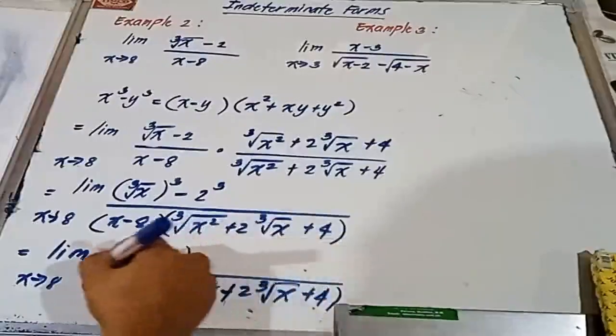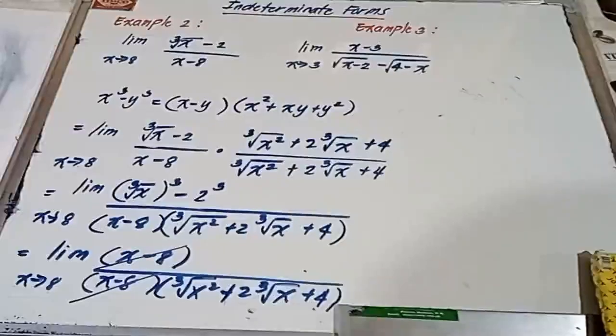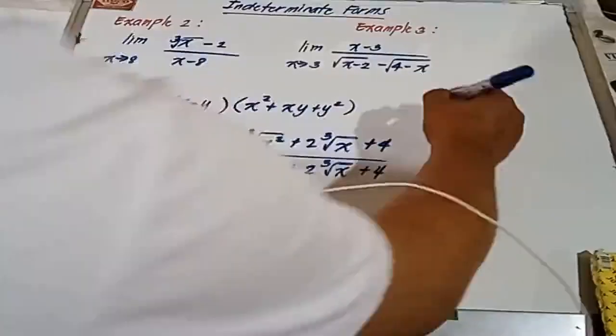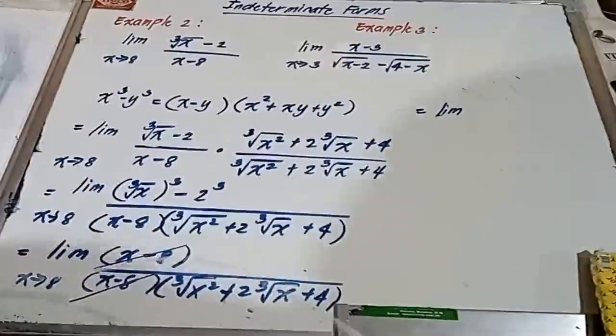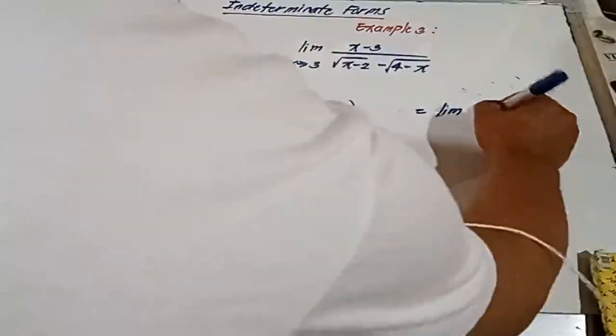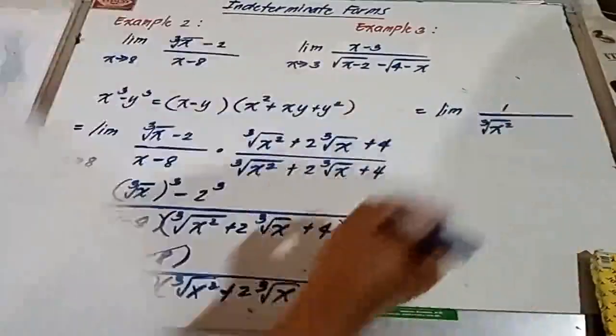Now, pwede natin ito makancel. Okay? So, matitira na lang limit of, nasa ilalim na lang, 1 over cube root of x squared plus 2 cube root of x plus 4. Okay? As x approaches 8.